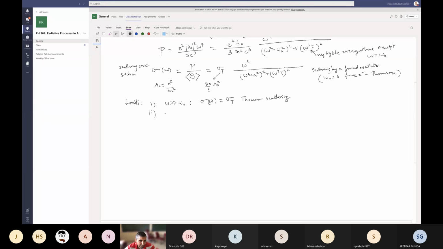The second regime is when omega is much less than omega naught. In this case, the light that is shining has low frequency compared to this electron, which is oscillating very, very fast, so omega naught is much bigger.